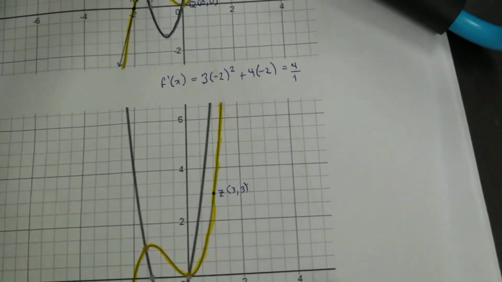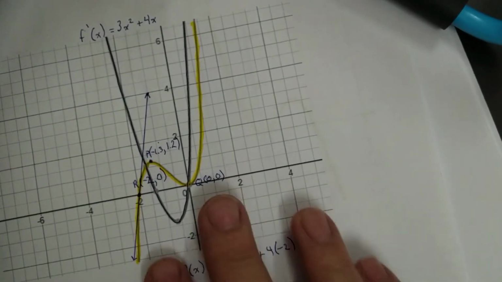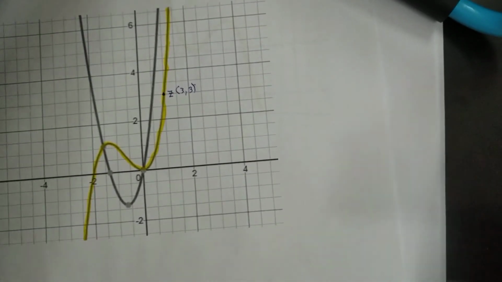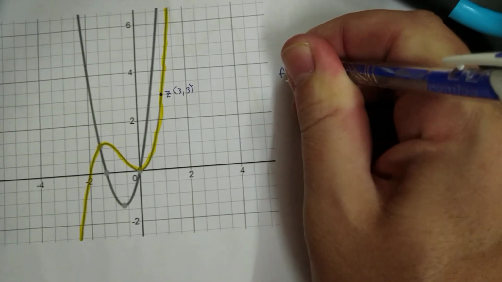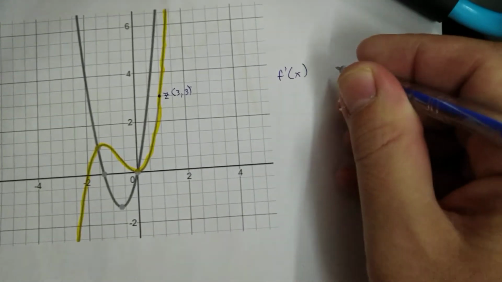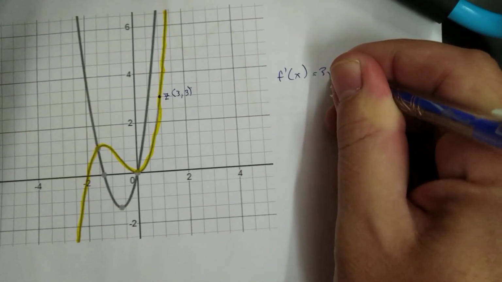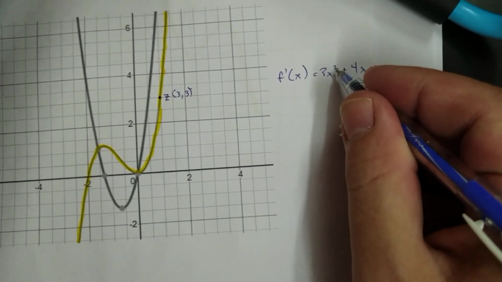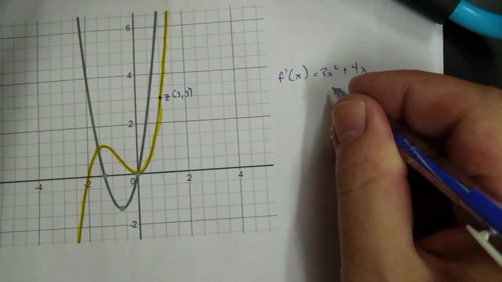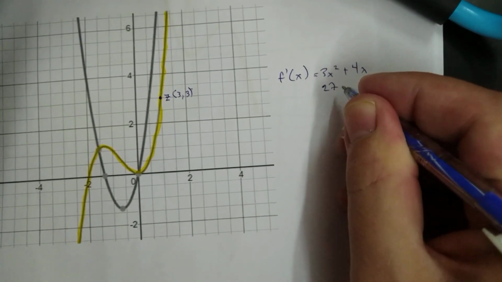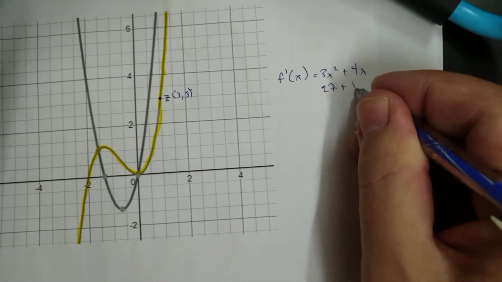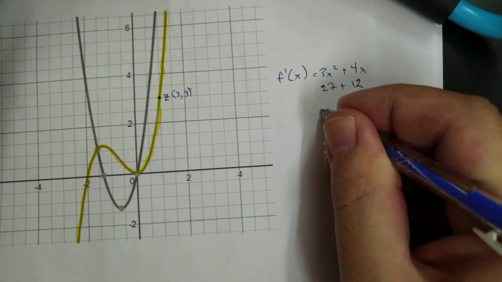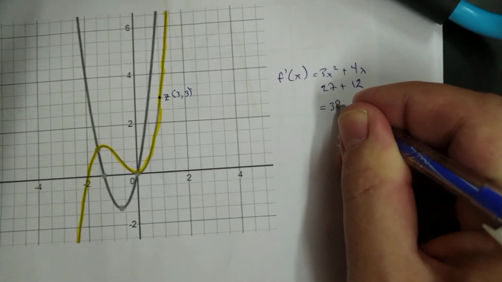Our equation is 3x squared plus 4x. We're going to put in 3, so we've got 27 plus 12, and we've got 39. That's a very steep slope.